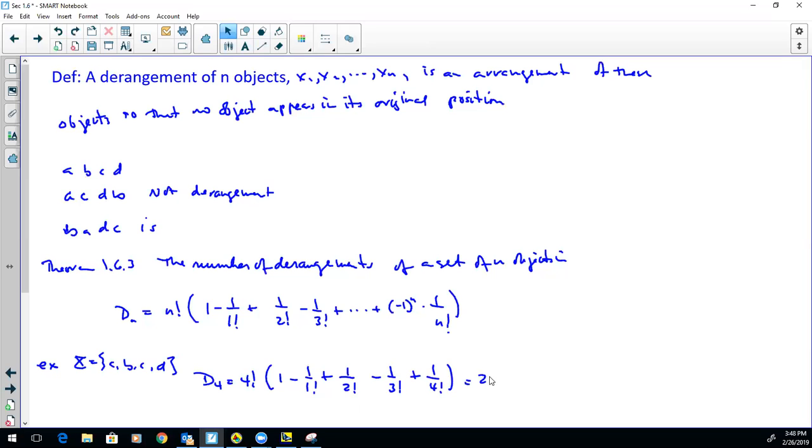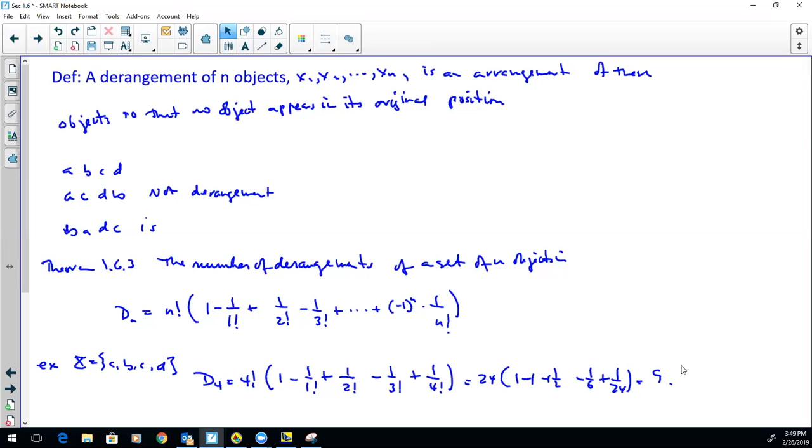This is 24 times 1 minus 1 plus 1 half minus 1 sixth plus 1 24th, which equals 9. There's 24 ways of arranging these, but 9 of them are deranged.